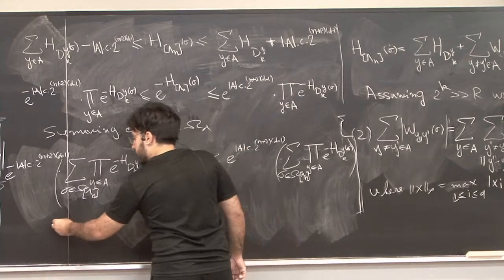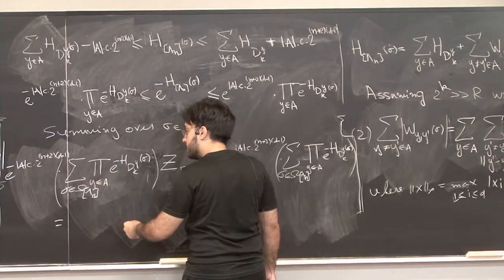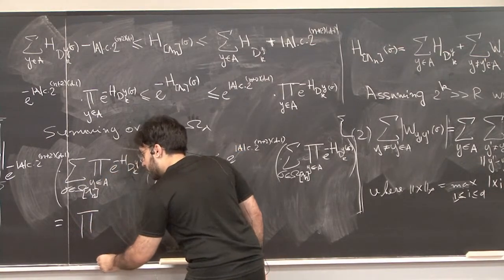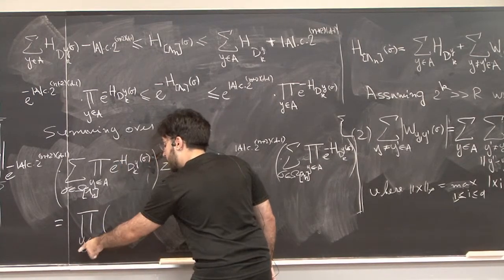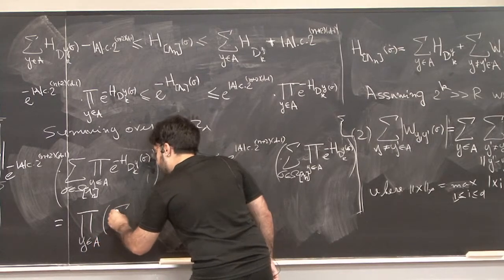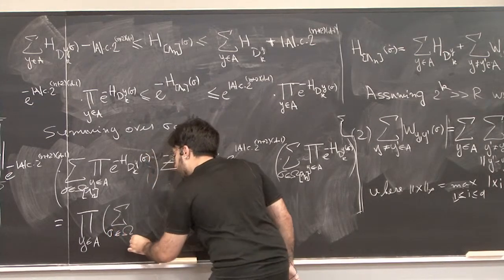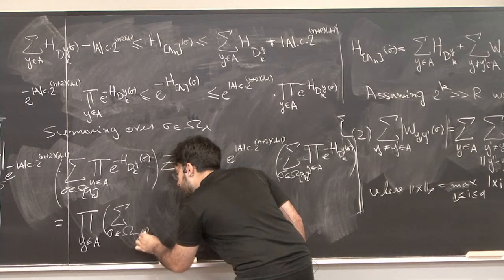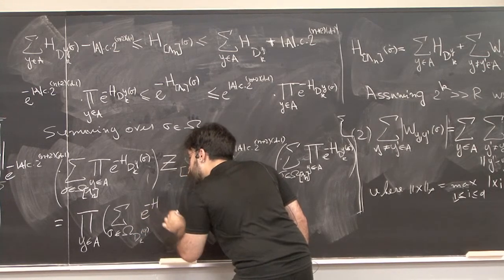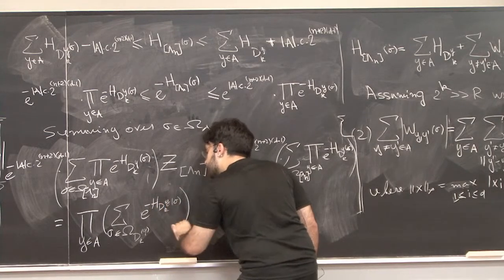And then after doing this, we can interchange the sum with the product in the following way. This will be the product of y over A, of y in A, times the sum, a product of the sum of the configurations that only vary over dky, exponential of minus h dky sigma.